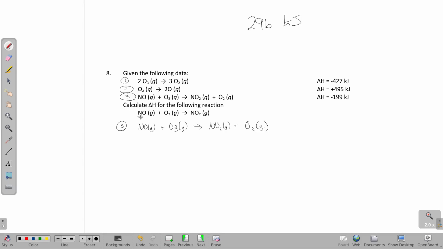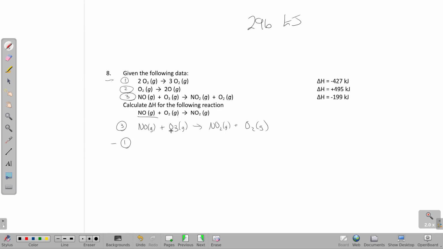Alright, now that takes care of that, but if you notice, I have O2 here, and I don't have it in my equation. So kind of what I want to do is somehow get rid of this O3 and leave some O2s behind, because I want O2s as the product. So what we're looking at is equation 1 is the one we're going to manipulate, but I'm going to reverse it right off the bat. Now, I'm not going to just leave it like that.